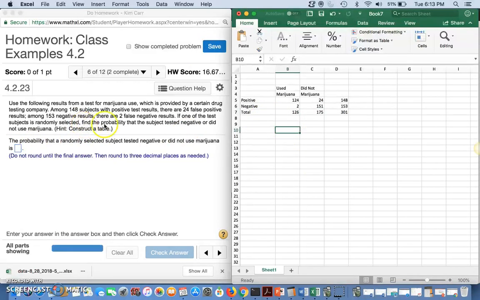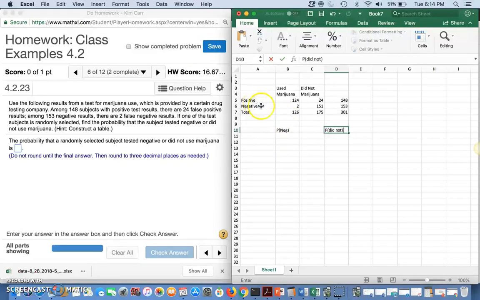Now, what does it say? Find the probability that the subject tested negative or did not use marijuana. So we want the probability of a negative test or the probability that they did not use. Okay.